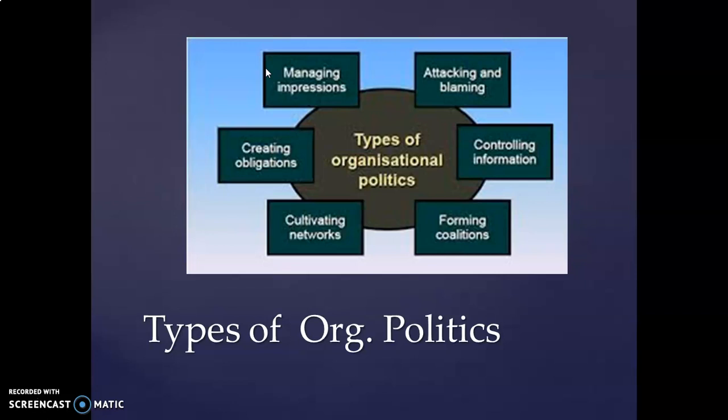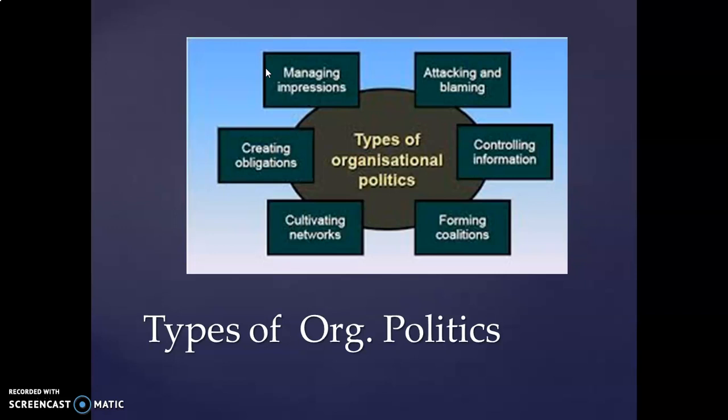Then controlling information. Sometimes the boss does not share all the information with all his employees. He keeps that information to only 1 or 2 employees of his team who are very close to him. So this is also a kind of politics.